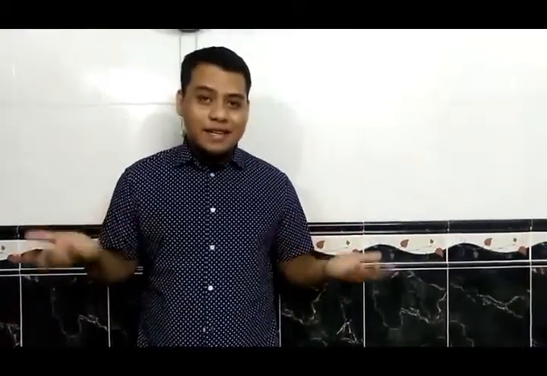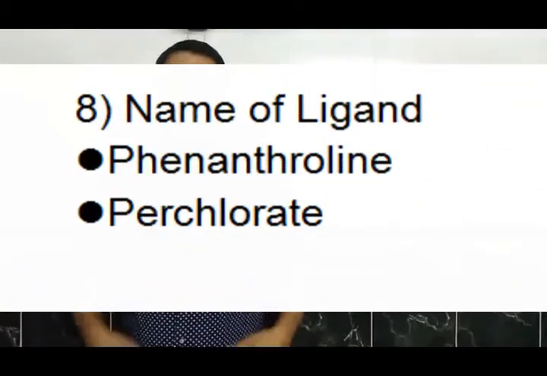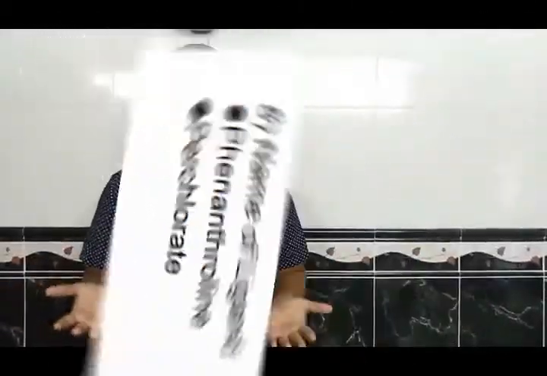But what is a ligand? A ligand is the molecule that surrounds the central metal. In this complex, there are 2 ligands, which is phenanthroline and perchlorate ion. There are 3 types of bonding, which is monodentate, bidentate, and polydentate.